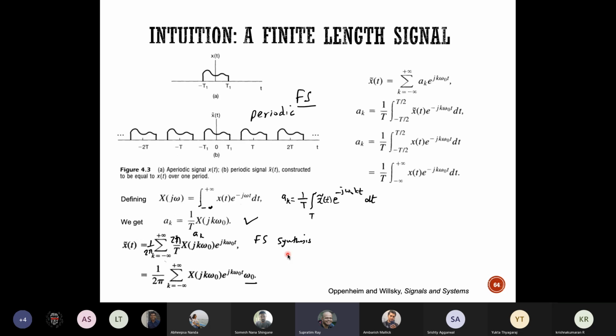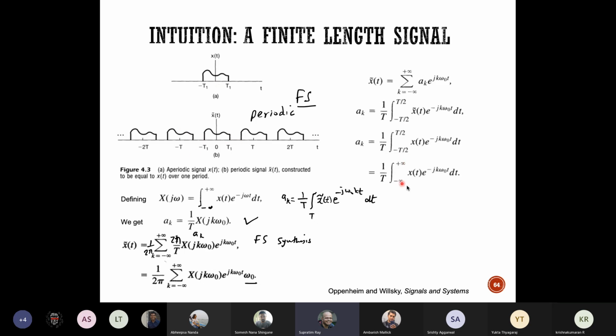And if you look at the coefficients, ak, it's one period of this periodic signal, but this is the same as taking x(t) over one period, because over that period x tilde t is just x(t). Within T by 2 and minus T by 2, they are the same.